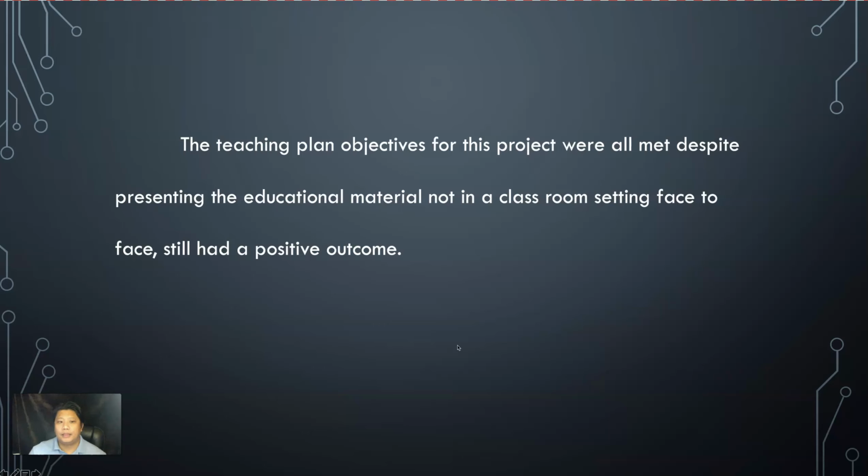The teaching plan objectives were all met. Although presenting the educational materials as a PowerPoint wasn't really the ideal way compared to a face-to-face classroom, it still had a positive outcome.